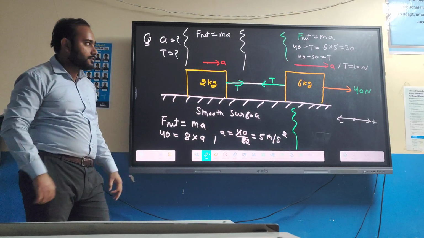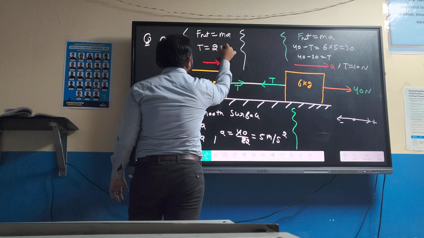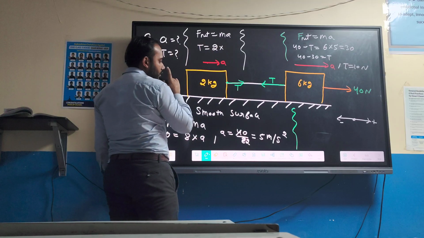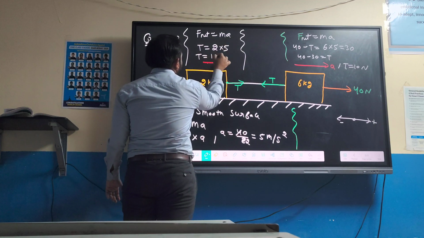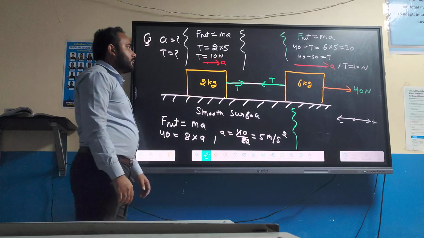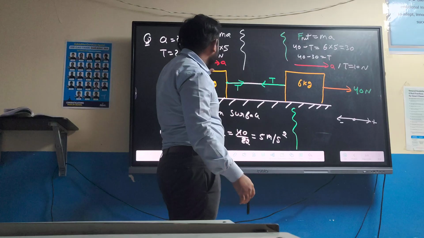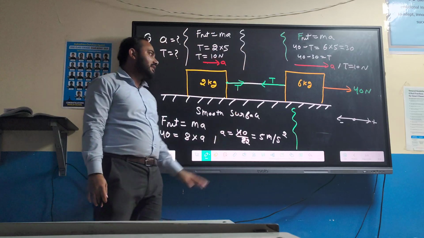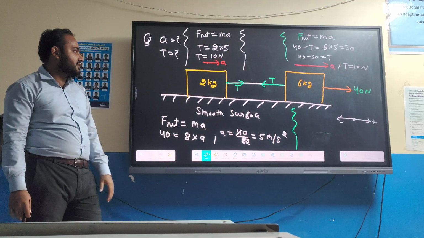That is only tension force. So net force is T, mass is 2, and the acceleration value we got is 5. 2 into 5, that will be 10 Newton. So we can say that if we solve for 2 kg or 6 kg, we will get the same answer. It's your choice. You can solve for either 2 kg or 6 kg.